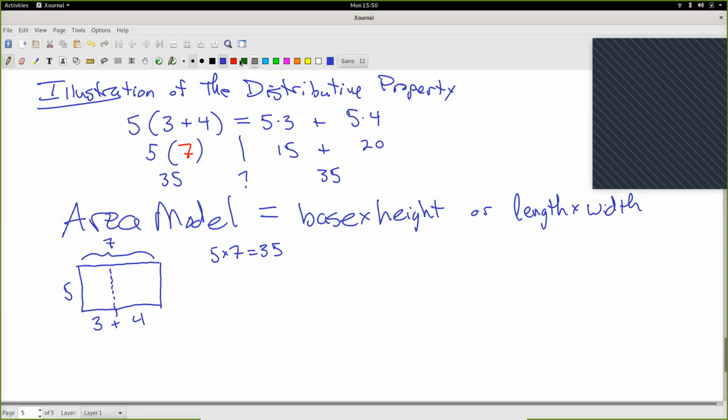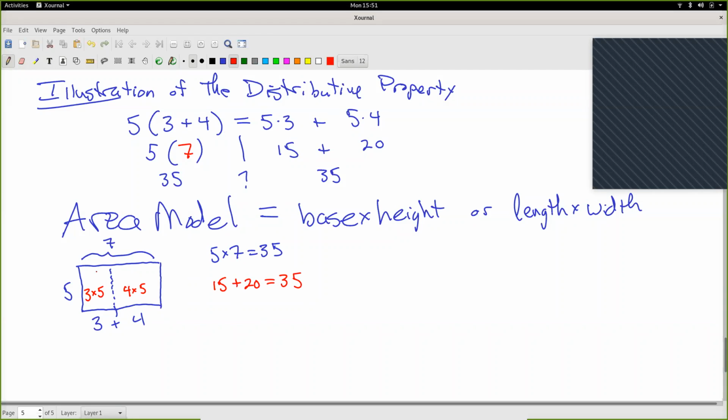But I also can break this into 2 different rooms. Let's use red. This room is 3 wide by 5 tall. And this room over here is 4 wide by 5 tall. And so I could also view it as the 15 plus the 20 to get 35.